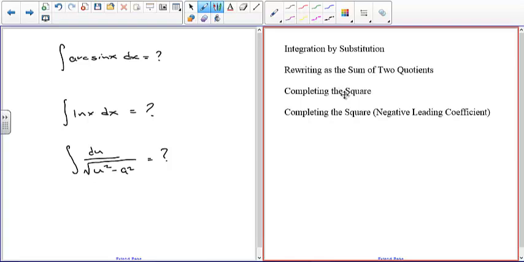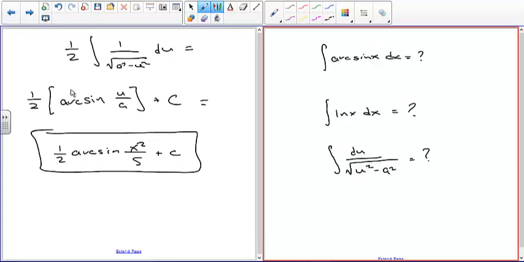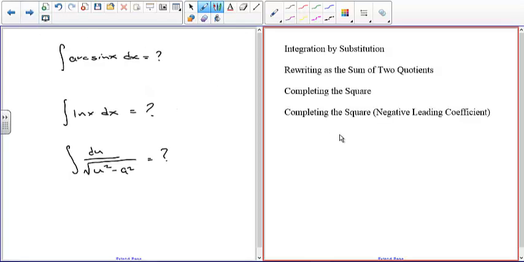Sometimes completing the square to get it into this form of the integral of 1 over the square root of a squared minus u squared. It may not look like that initially, but we can make it look like that by doing some things. And also completing the square where you have a negative leading coefficient. What that means is, well, I'll show you when we get to it.